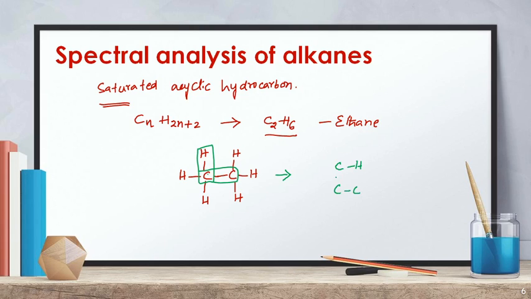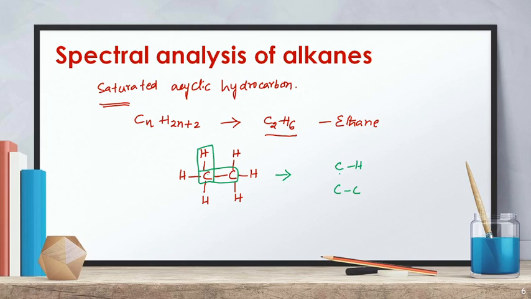So how many absorption bands are supposed to be found here? For CH 1 absorption band, for CC 1 absorption band generally. But CH 1 absorption band means absorption due to stretching as well as bending.